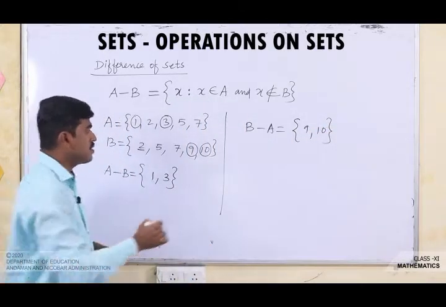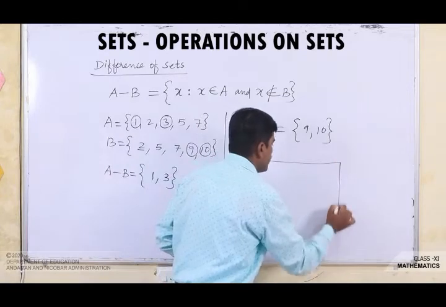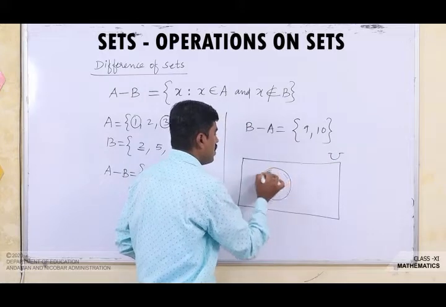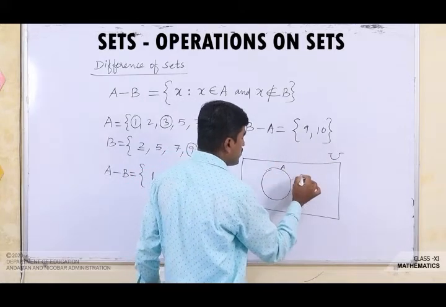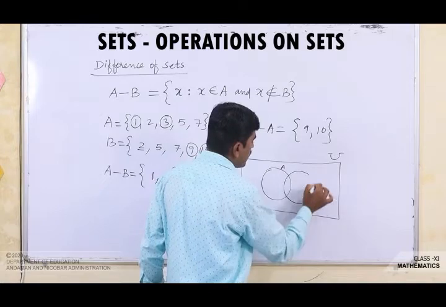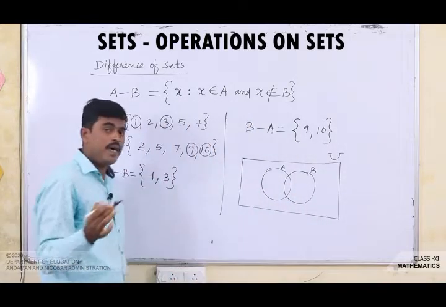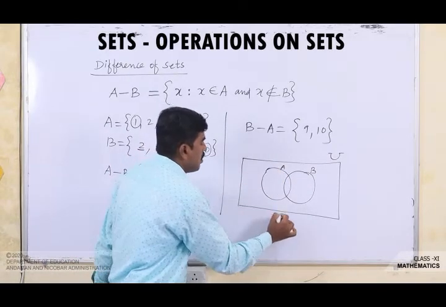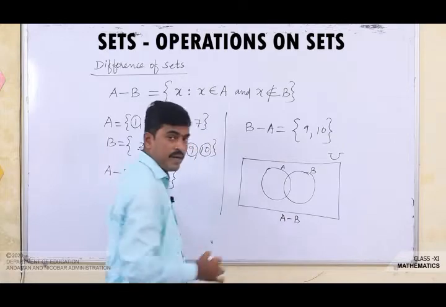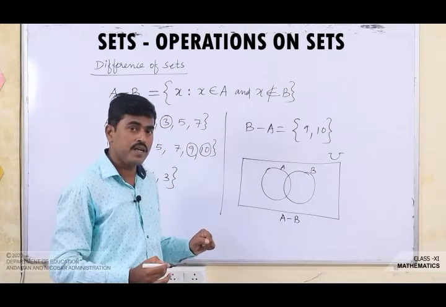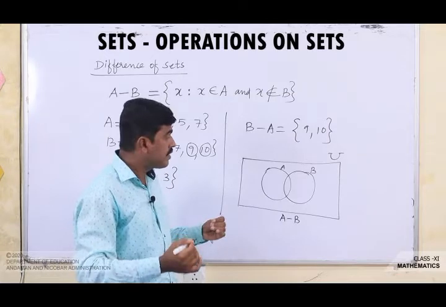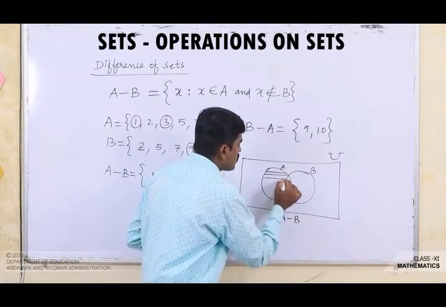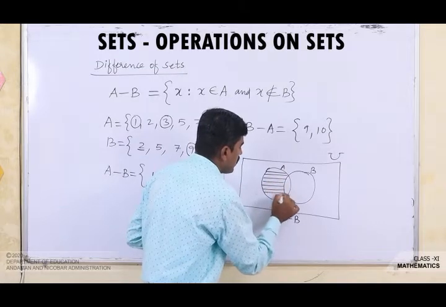Okay. So let's see the Venn diagram for A minus B. This is the universal set. Now A is the set. This circle represents the set A, and this circle represents the set B. Now A minus B. So which region do we have to shade? That means the region which is contained in only A. So this is the region which belongs to only A. Why?